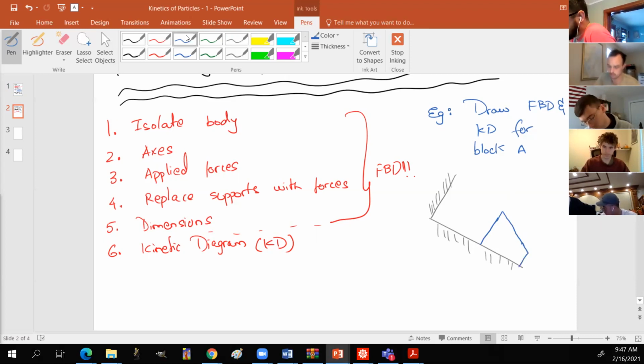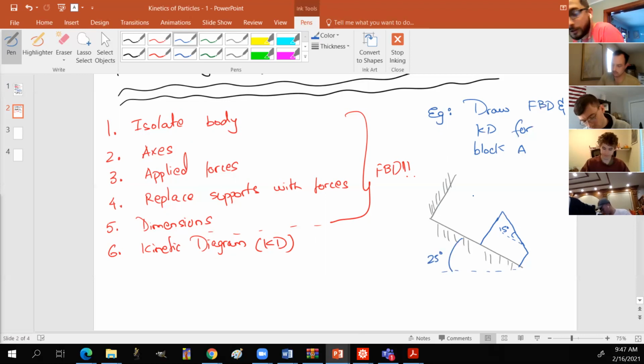Let's say that this angle it makes with the horizontal is 15 degrees, and this angle with the horizontal is 25 degrees.